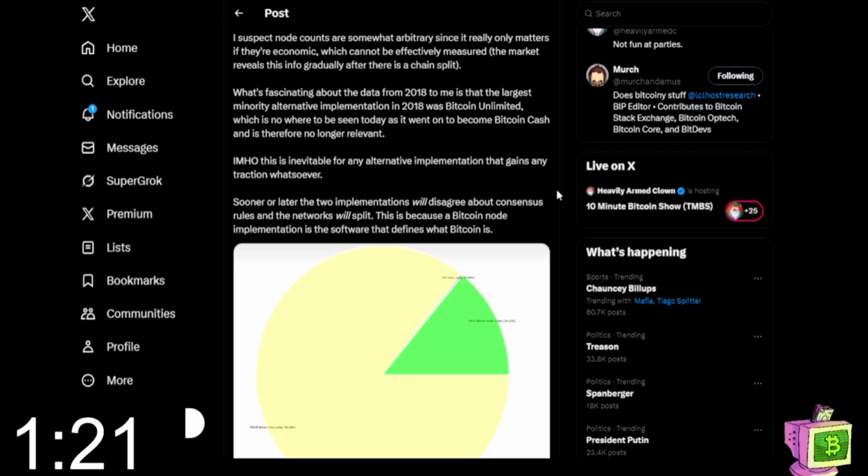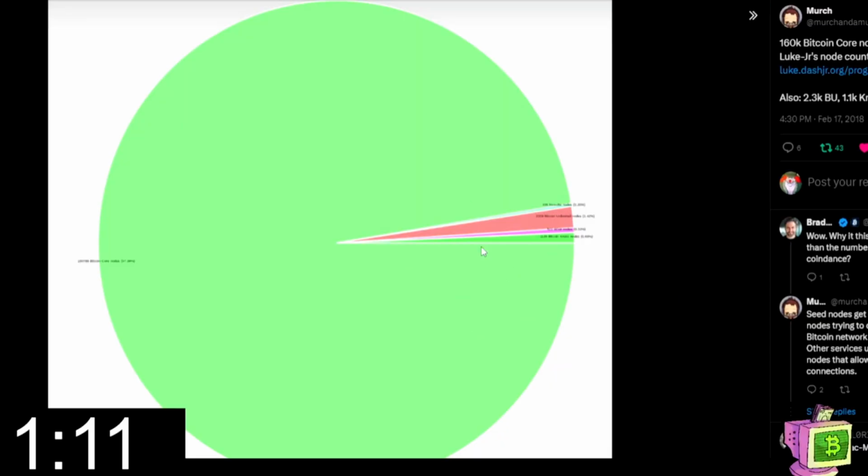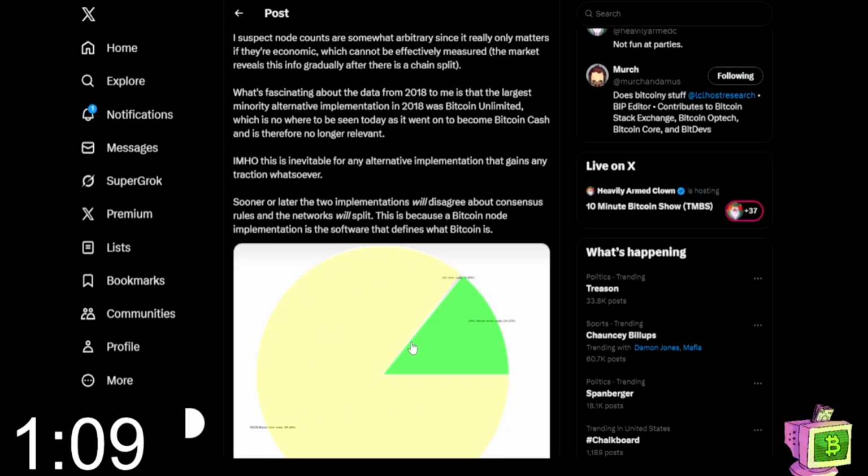I think it's really hard to parse anything super useful out of these numbers, out of this data, other than higher level concepts, which is just that we don't see Bitcoin Unlimited on here anymore. And I suspect the day will come that we won't see NOTs on here anymore, because inevitably we end up with two different networks, because we're talking about two competing implementations of the node software.